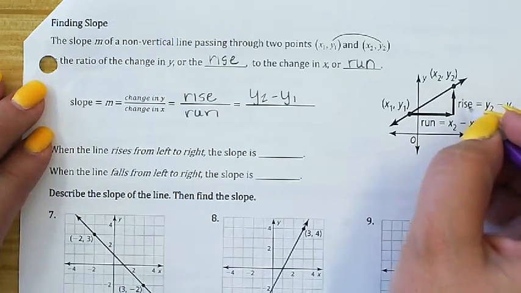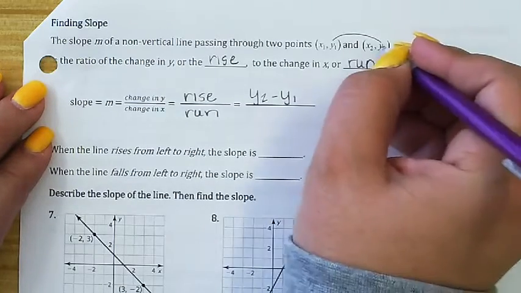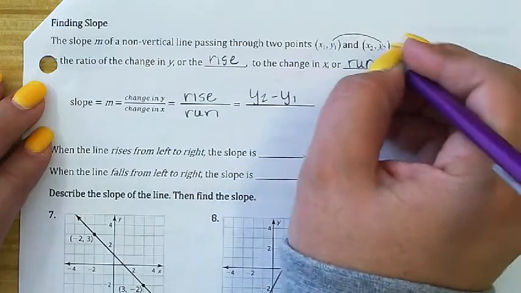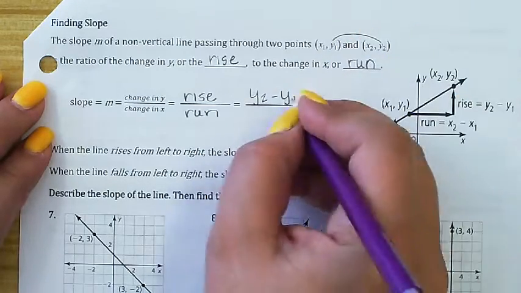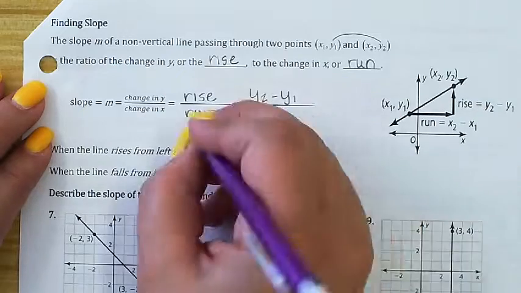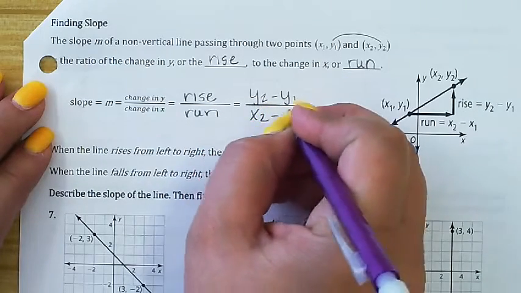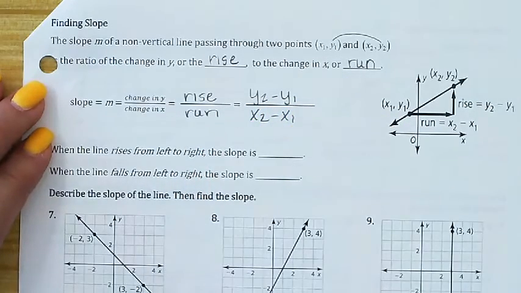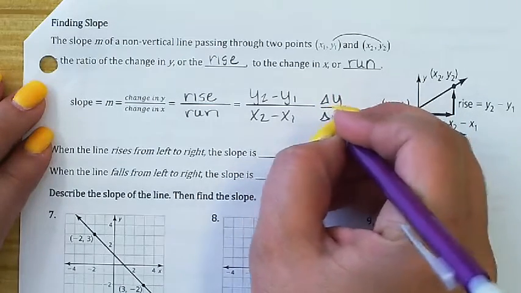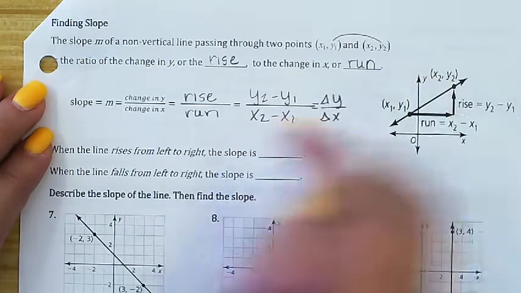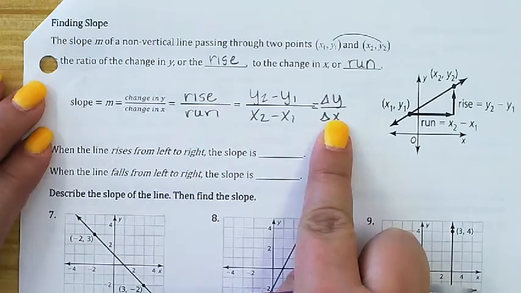When we don't have that picture to just count squares, we simply subtract or find the difference and say, okay, well, how much did that y value change from one to the other? And that's y2 minus y1. And then for the run, we do x2 minus x1. Okay? So that's the change in your y calculated over the change in your x. All of these things really mean the same thing.